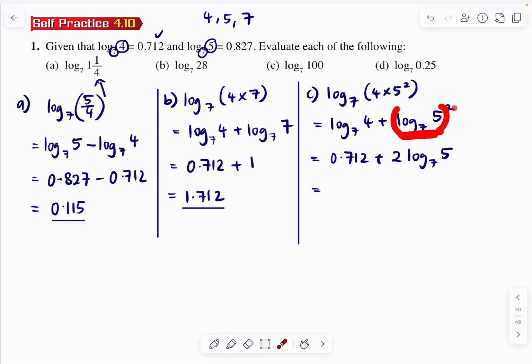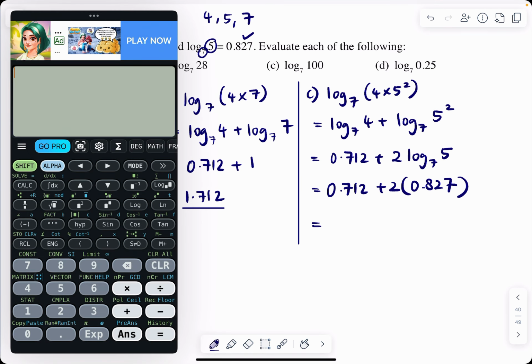But here this square only belongs to 5. So we have to bring the square forward. Okay, it becomes like this. So here we sub the log 7 5, which is 0.827. Then we add. 2.366.